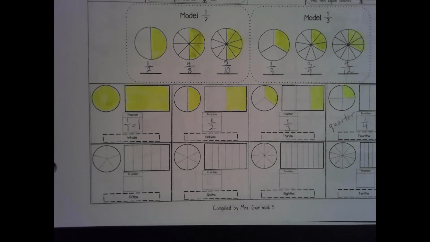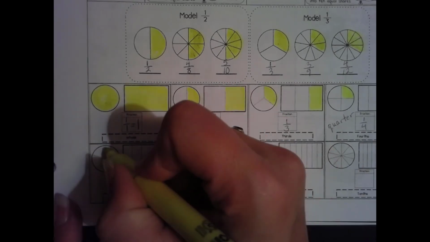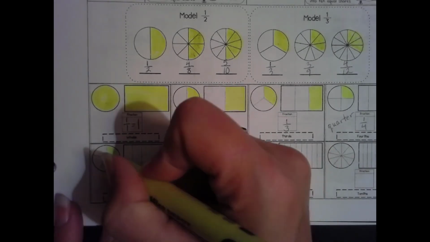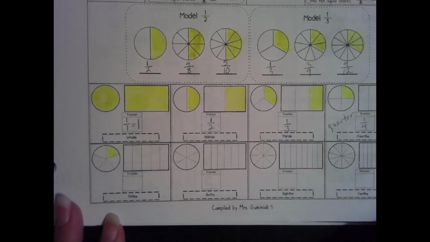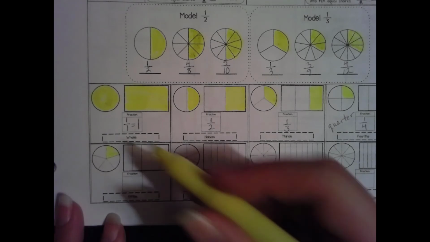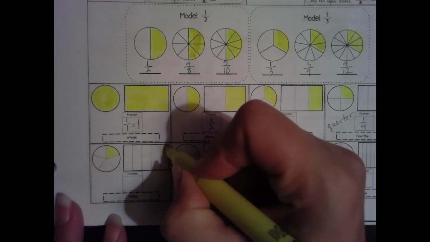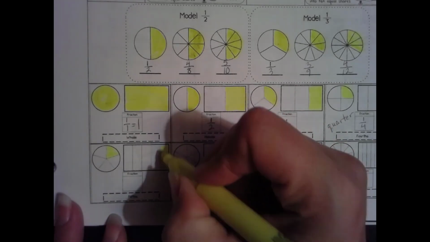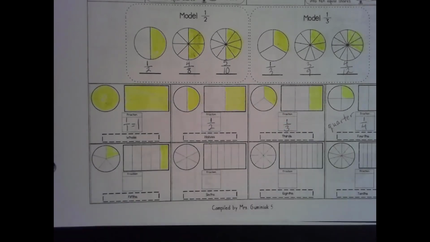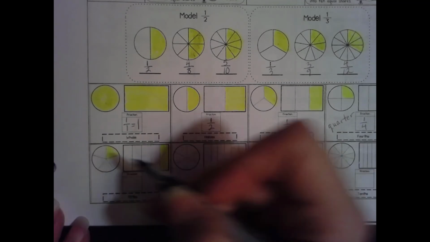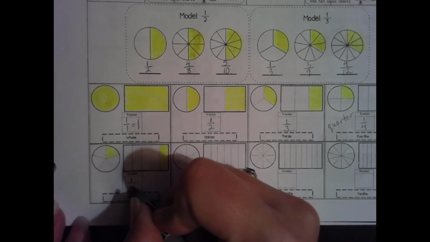Now we're looking at 1/5. When you get the odd number of pieces, it can be harder to draw. The even numbers are a little easier. So I have 1/5, so that's fifths.